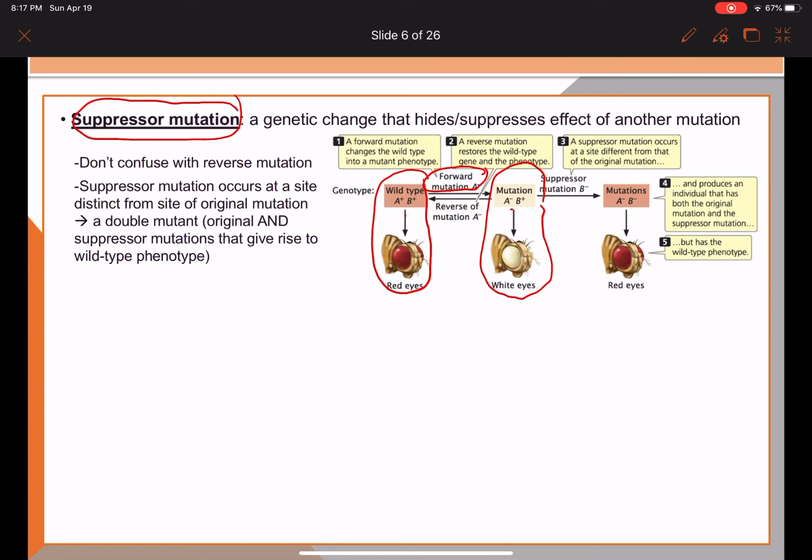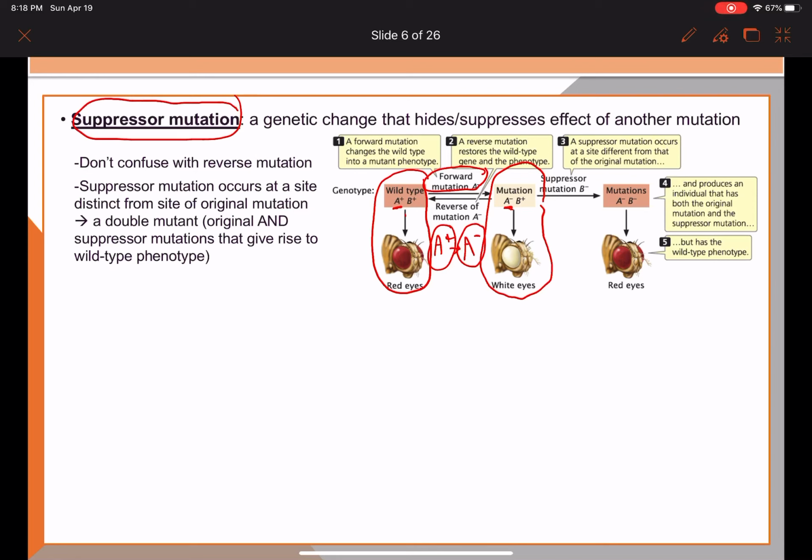Reverse mutation, we're looking at that same gene. A is the gene here that went from A positive wild type to A mutant. That's what led to the white eyes. So reverse mutation means we're switching the A mutant version back to the A wild type version of that gene that controls the color of the fruit fly's eyes.